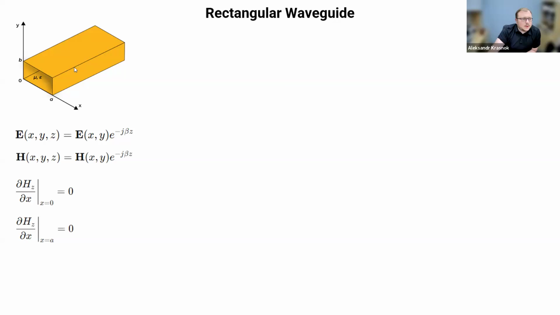This is from the boundary conditions. So it means no field inside the metal. If no field inside, then just across the boundary, the field must be equal to zero at the wall. This is the assumption we usually take describing rectangular waveguides.